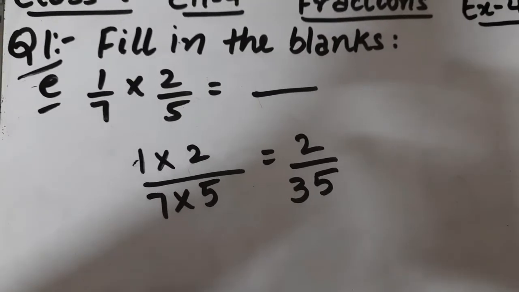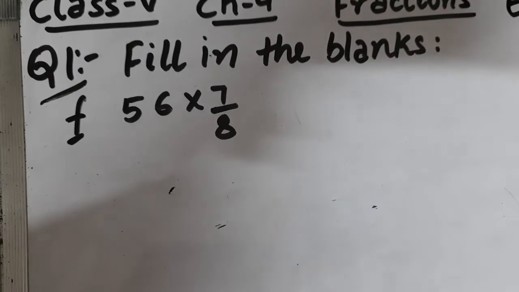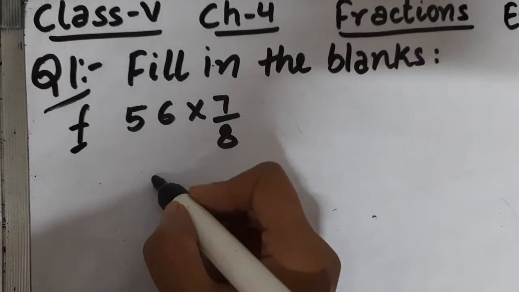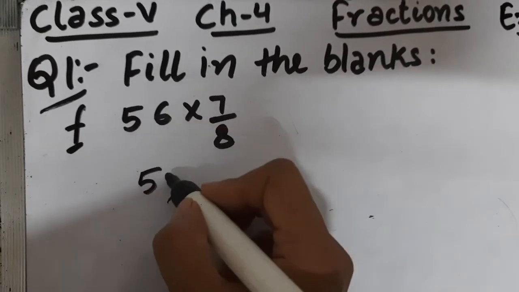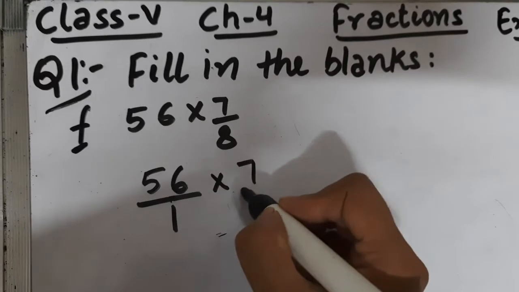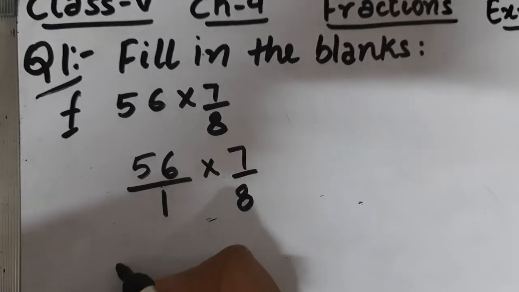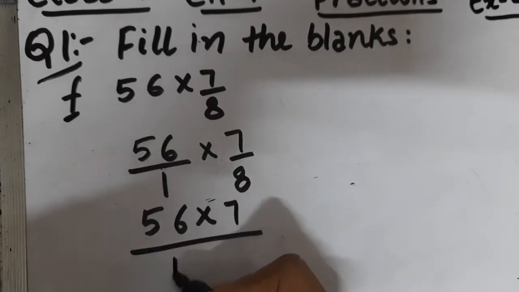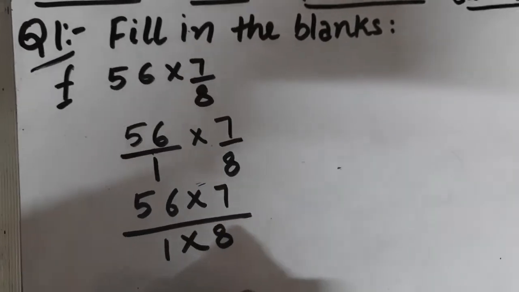Now let's start F part. F part is 56 multiplied by 7 upon 8. So first of all, we will write the whole number as fraction by placing 1 as denominator and 7 upon 8. Now multiply the numerators and multiply the denominators like this.